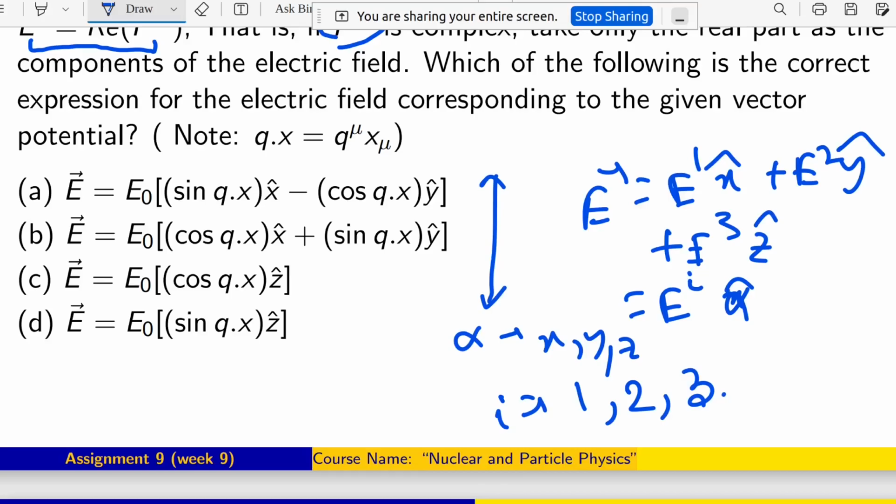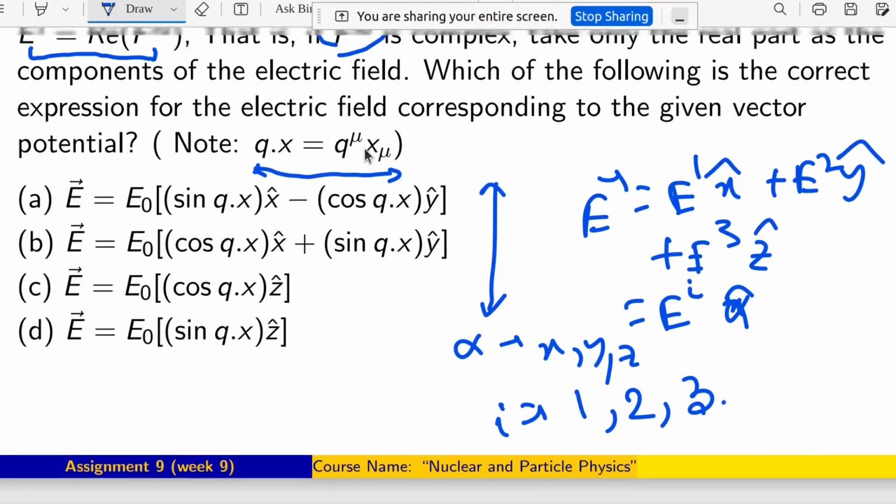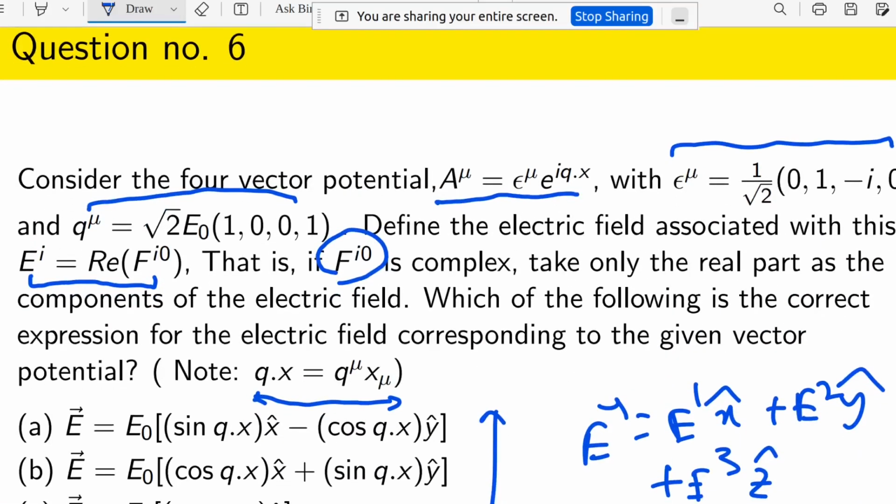So we have to calculate the expression for E, and there are 4 options. This is the very important thing: q dot x equals to q mu x mu. So how to calculate the answer to that question?